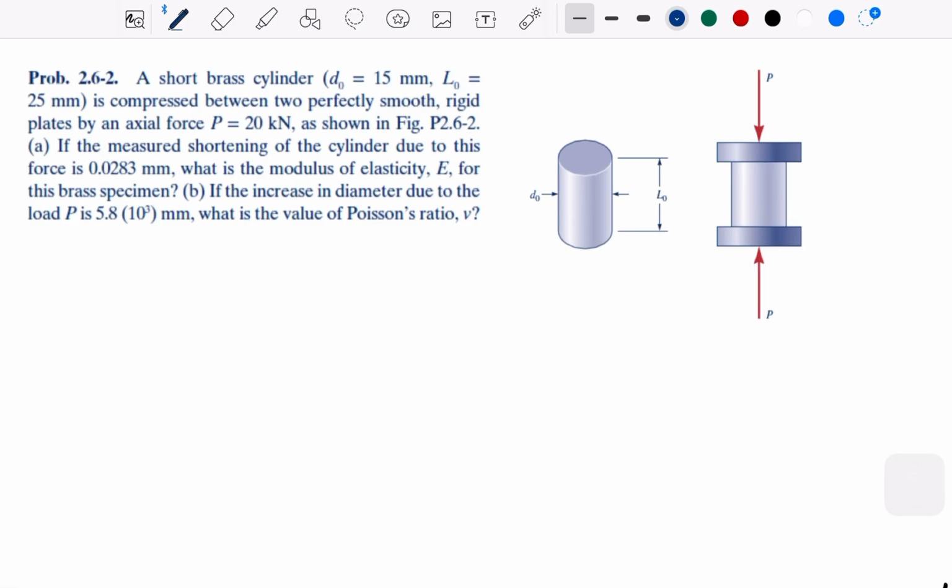So to give you more context on how we could observe the problem, let me draw the diagram for the specimen. So let's say this is the plate. This is before shortening, and this is after shortening.